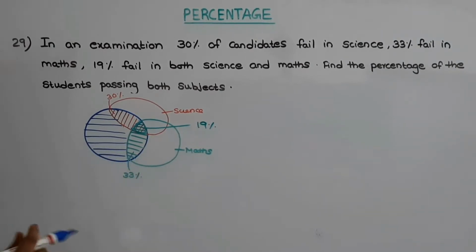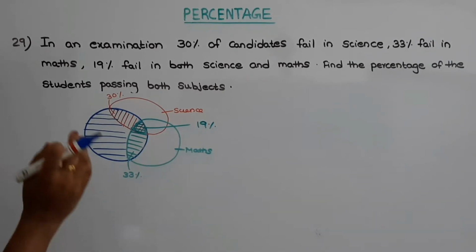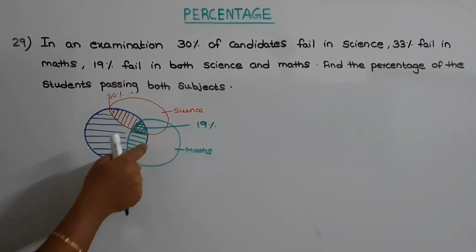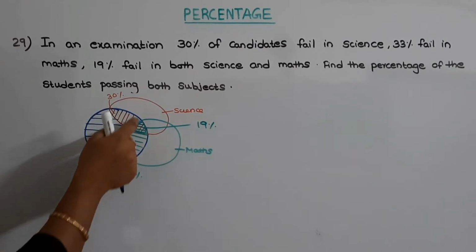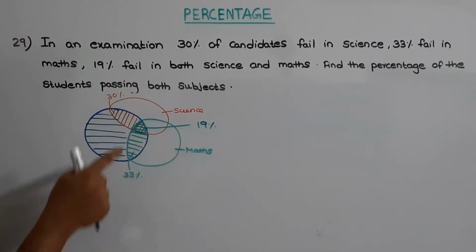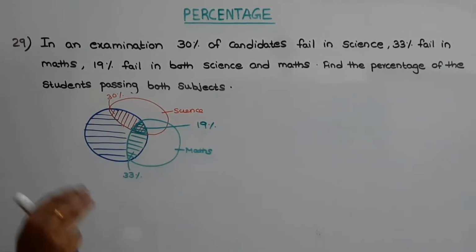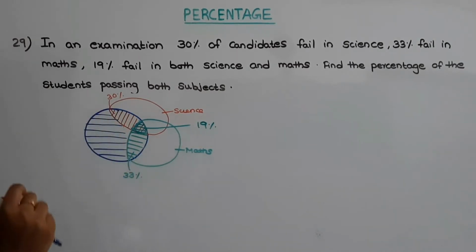If we find this percentage, we can find the percentage of students who passed both. For that, we need to do 100 minus the shaded red portion and green portion.